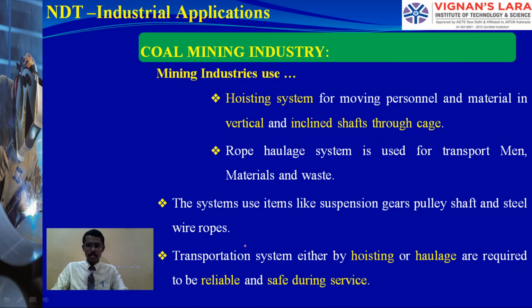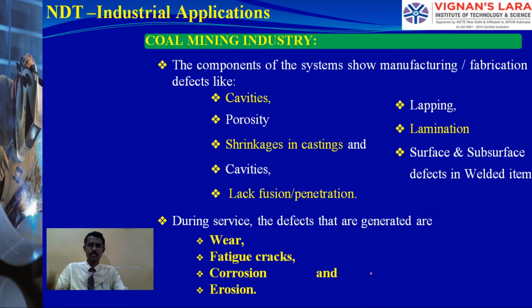The system uses items like suspension gears, pulley shafts and steel wire ropes. The transportation systems, either by hoisting or haulage, are required to be reliable and safe during service.